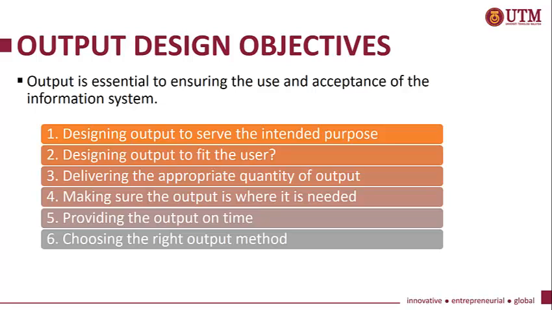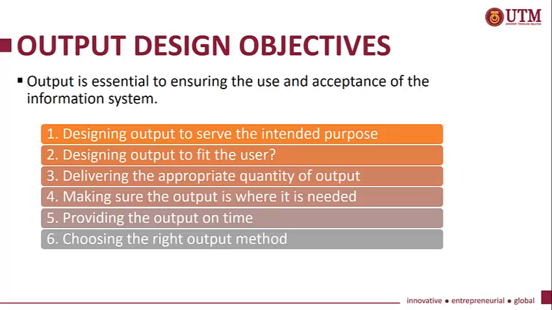There are 6 objectives you need to achieve when designing the output. The first objective is designing the output to serve the intended purpose. It means your output must be functional. If the output is not functional, it should not be created.